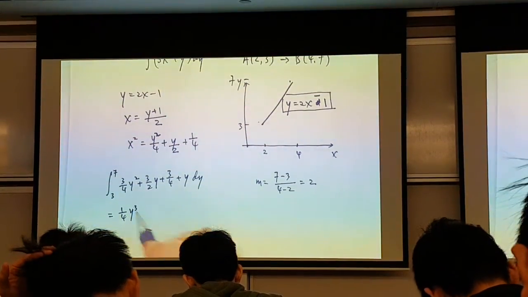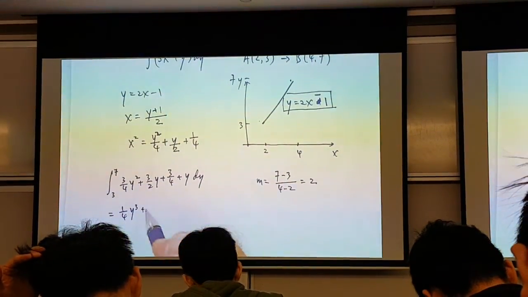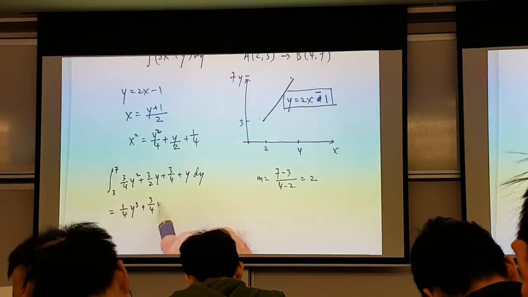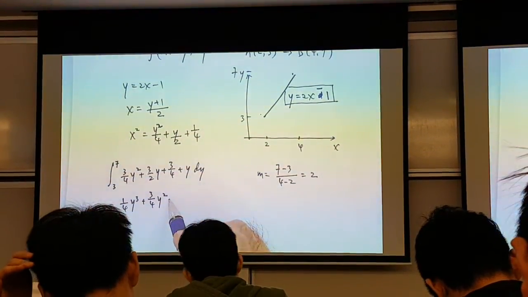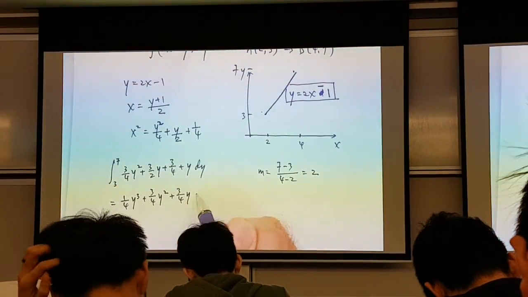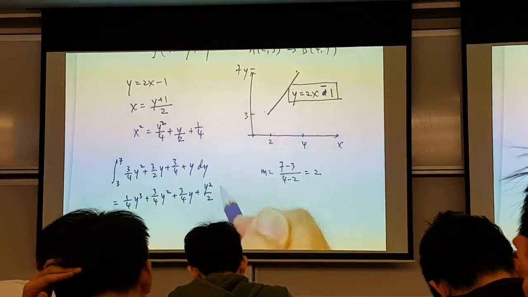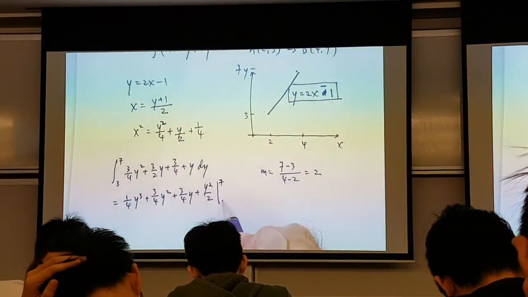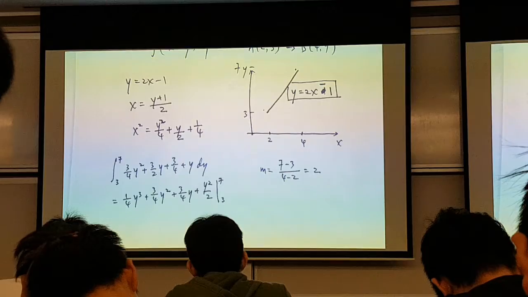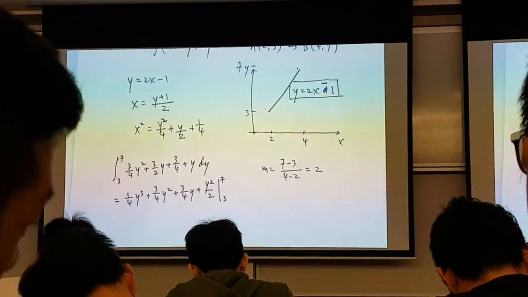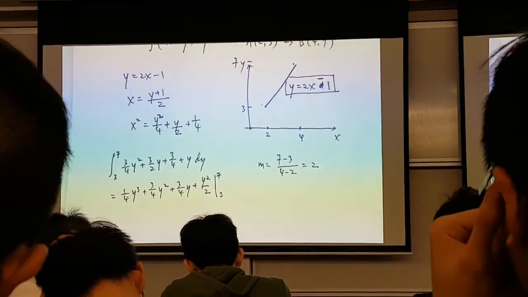So this will be y cubed over 4, plus 3/4 y squared, plus 3/4 y, plus y squared divided by 2, evaluated from 3 to 7. Of course, you need to work it out.